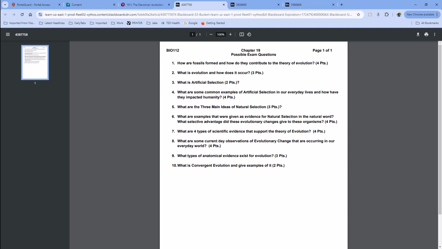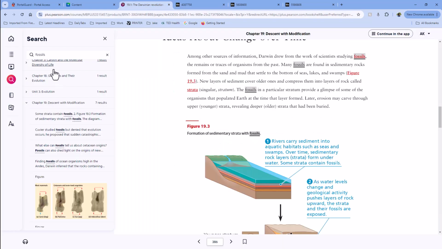All the examples aren't in the text, but you can find those on page 391 in figure 19.10. And we talked about examples that aren't shown in the text. The one in the text is the one that shows you the broccoli, how mustard seed evolved. And so again, you can just type in artificial selection.